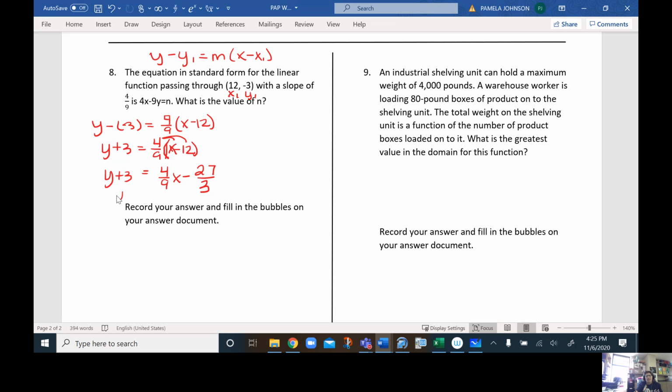I need to subtract 3 from both sides. And when I change that into a fraction, that's going to be 9/3, okay? So y equals 4/9 x, and then negative 27 minus 9 is going to be a negative, what am I doing?